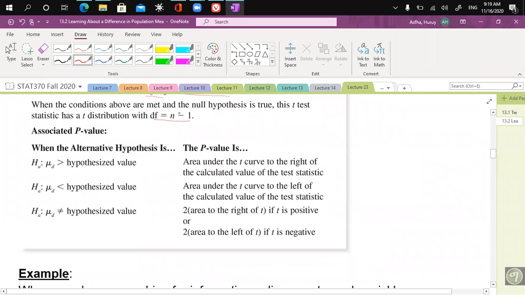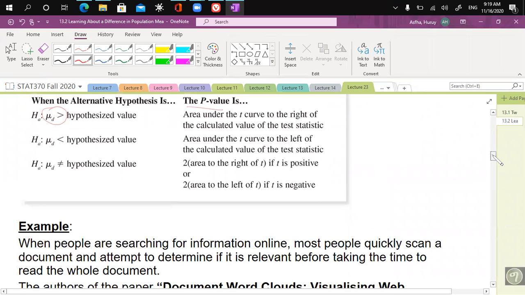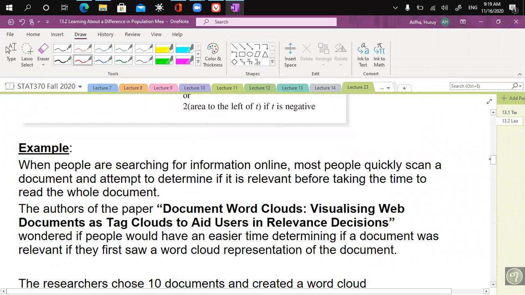And then, of course, we depend on the alternative hypothesis in order to find the p-values. So for each alternative hypothesis, we have different areas, or the areas are in different directions. All right, so let's look at this theory using this example.